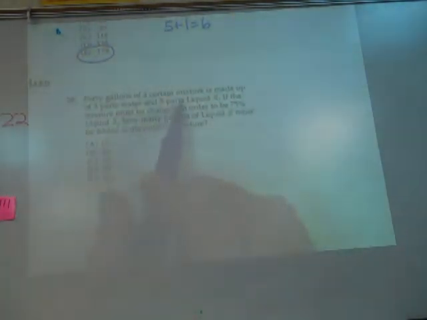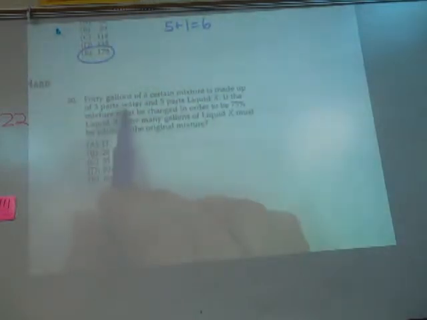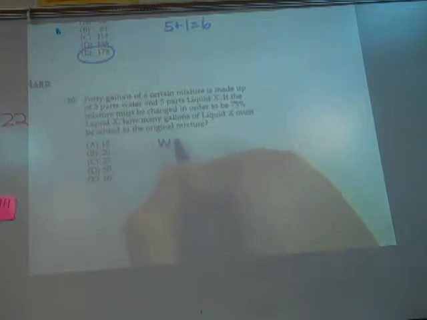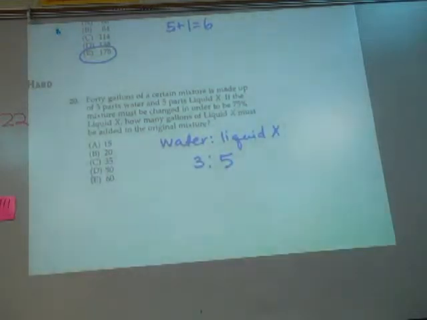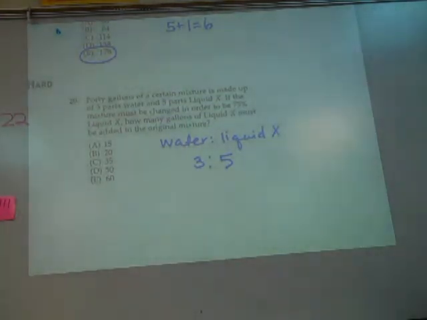40 gallons of a certain mixture is made up of 3 parts water and 5 parts liquid X. So this is telling you the ratio of water to liquid X. The ratio is 3 to 5. If the mixture must be changed in order to be 75% liquid X, how many gallons of liquid X must be added to the original mixture? Okay.